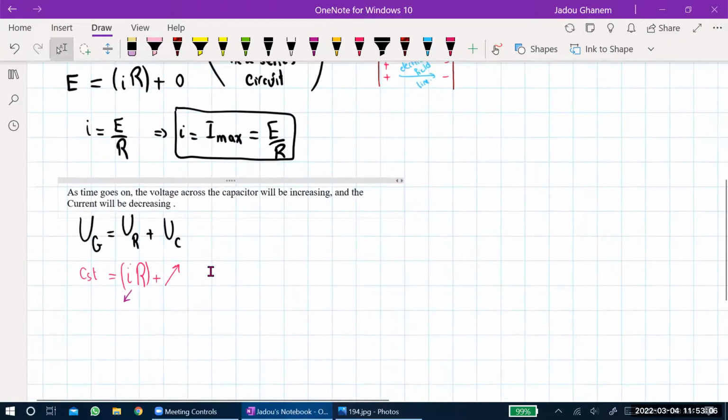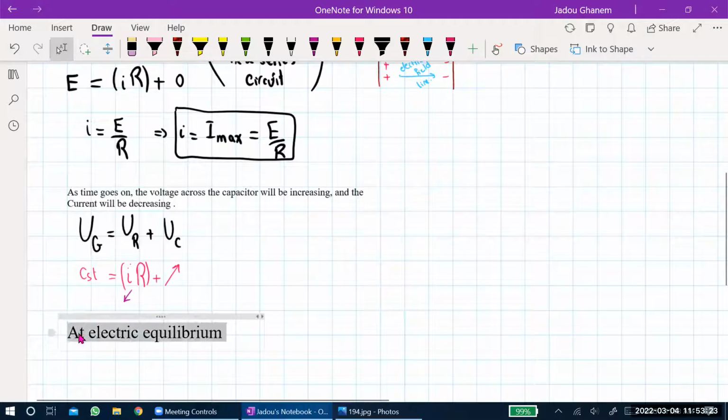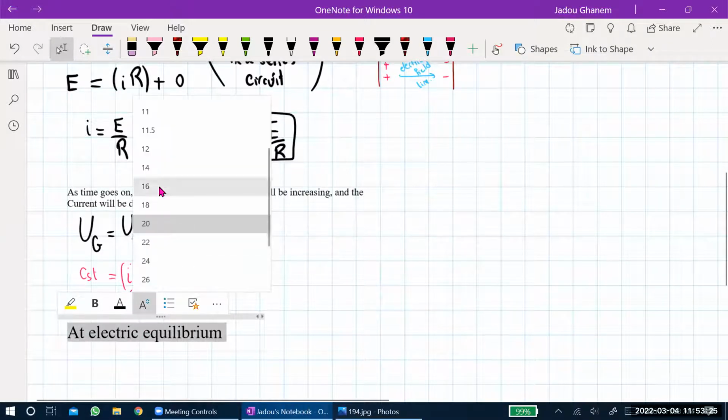Okay, finally, the last step at electric equilibrium. Let me make this small handwriting smaller.